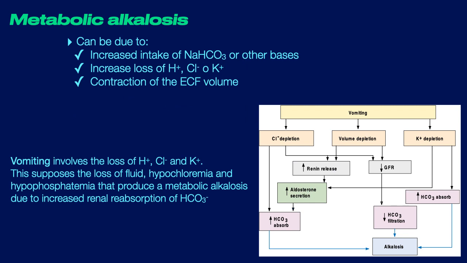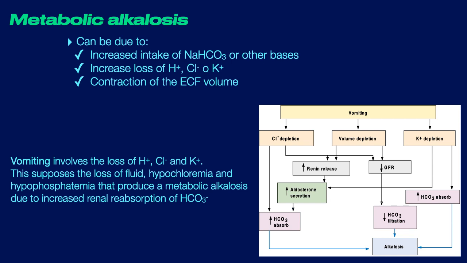Ingestion of sodium hydroxide or any other strong base, as well as loss of hydrogen, chlorine, or potassium, will cause metabolic alkalosis. If this is combined with a contraction of the extracellular fluid volume, then it gets even worse.